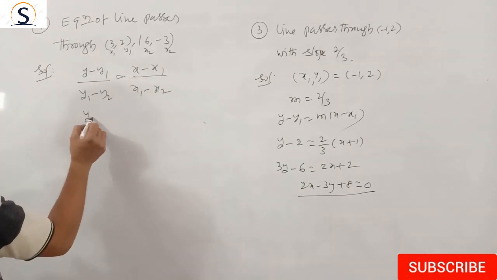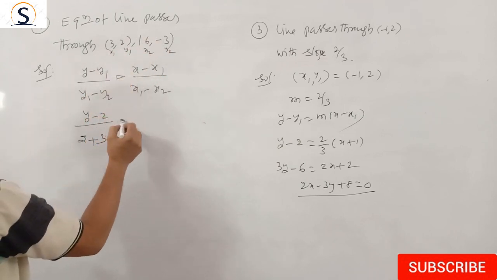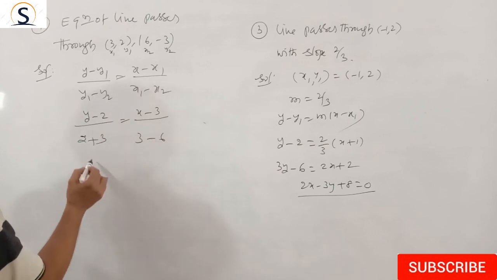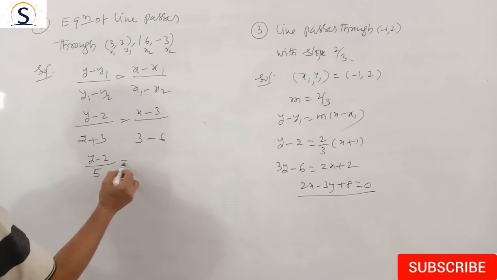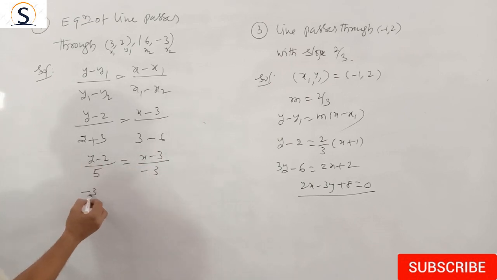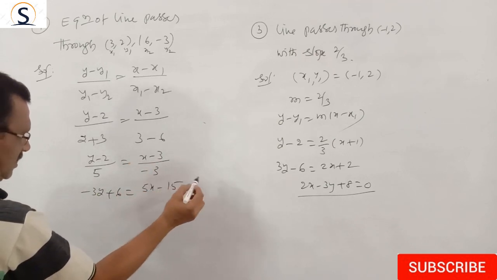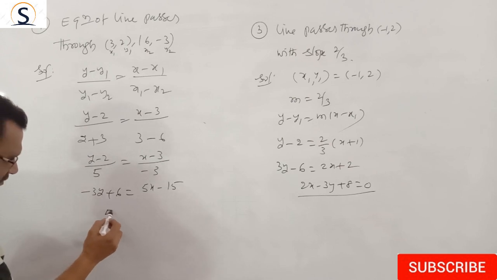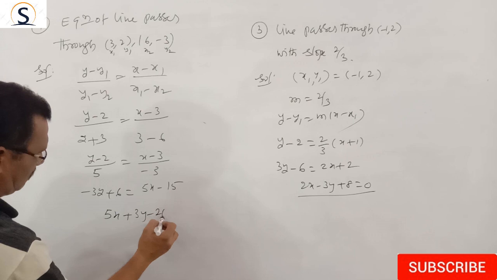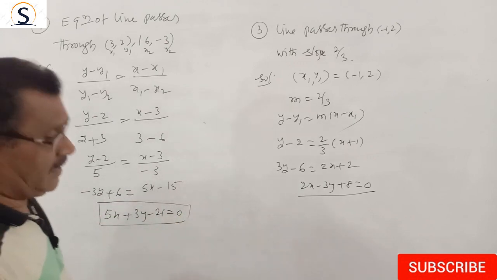So y minus 2 by 2 plus 3 is equal to x minus 3 by 3 minus 6. Y minus 2 by 5 equals x minus 3 by minus 3. Cross multiply, minus 3y plus 6 is equal to 5x minus 15. So 5x plus 3y minus 15 minus 6, minus 21, is equal to 0. This is the line equation.